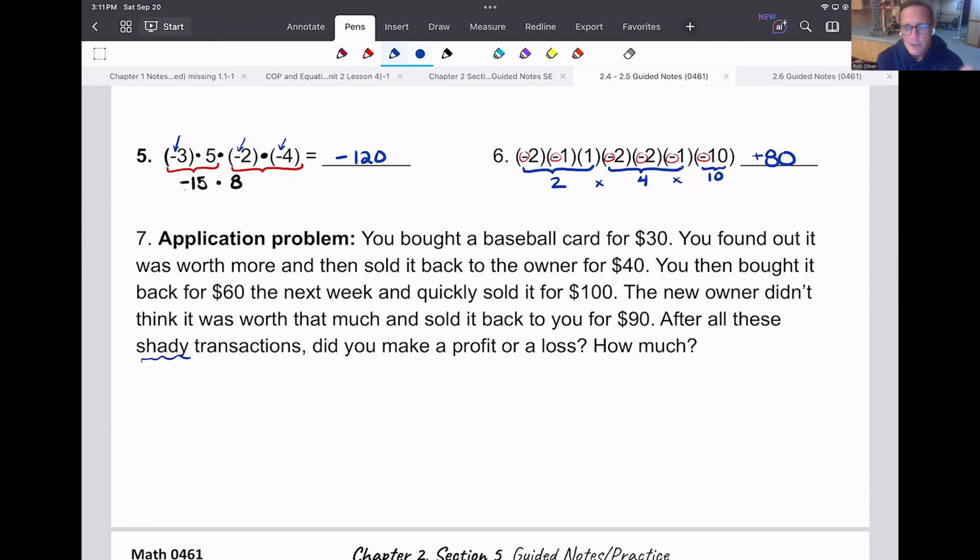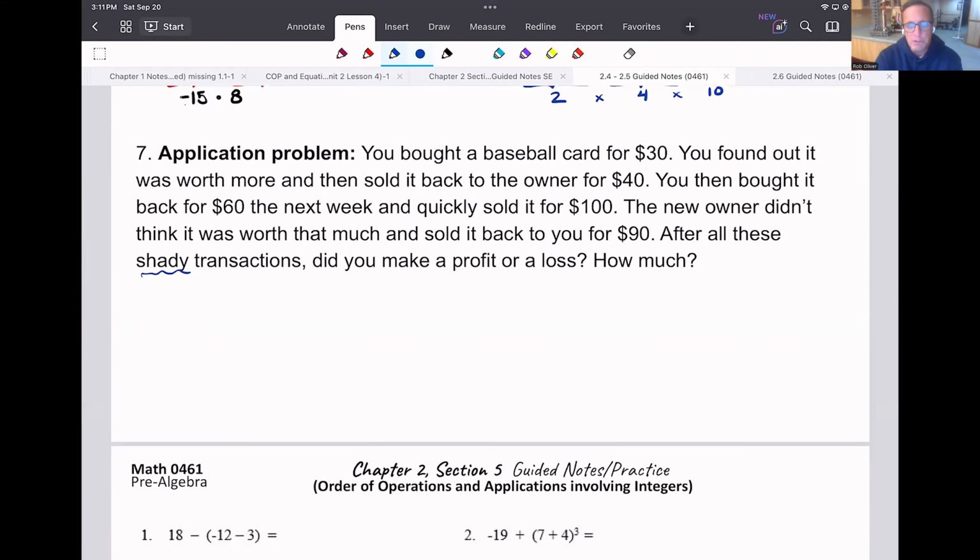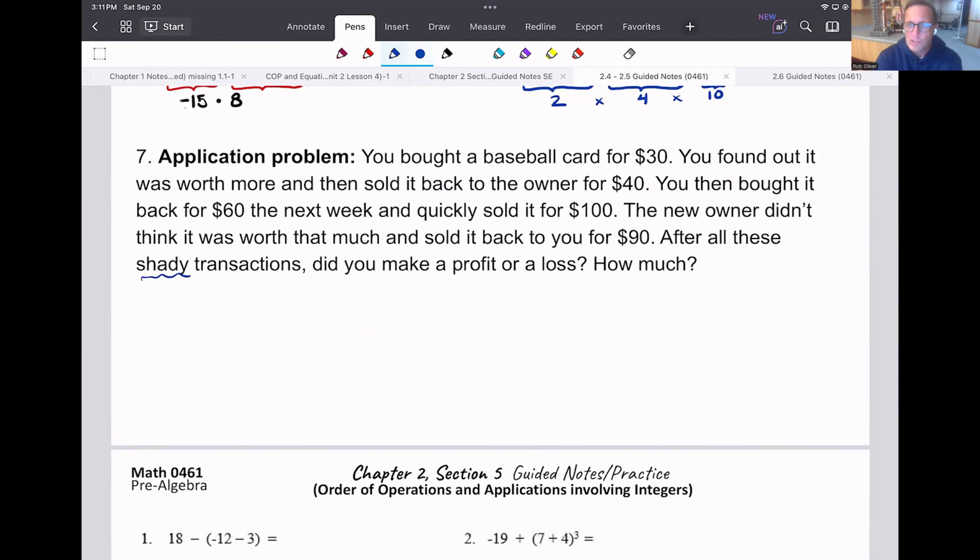If you're buying something, that's a negative, right? That's subtracting money from what you have, right? If you sell something, people are giving you money, right? Someone is giving you money. You're adding cash into your balance or into your wallet, your pocket, what have you. So think of it that way.